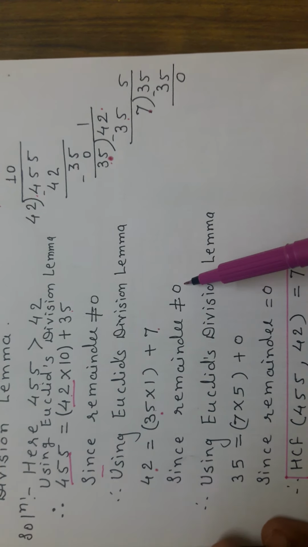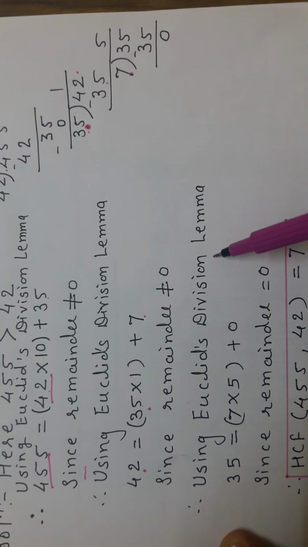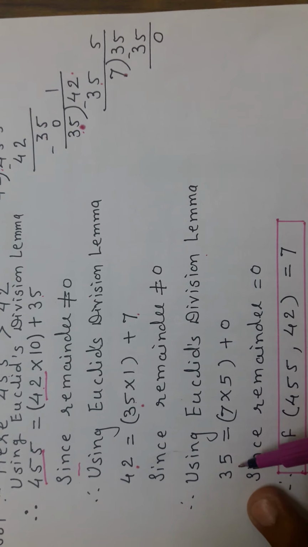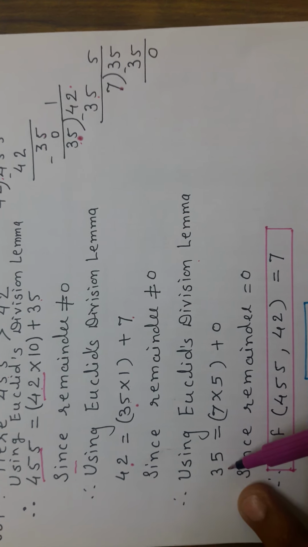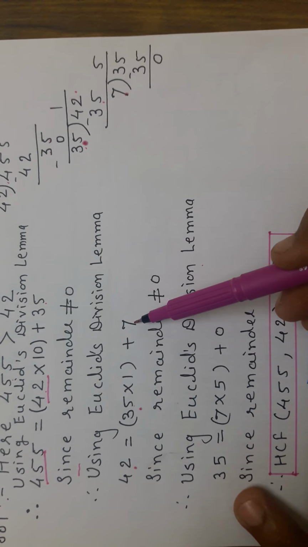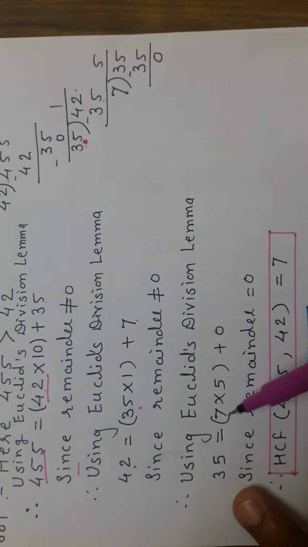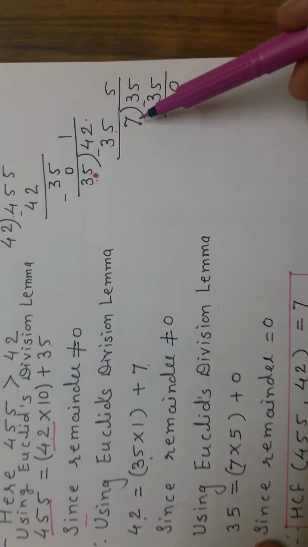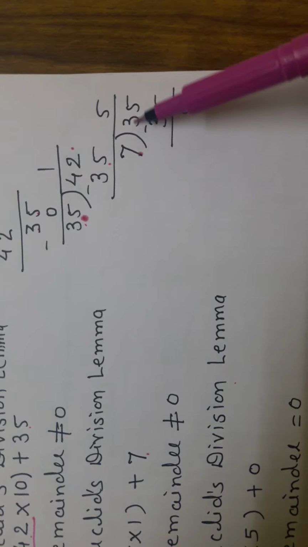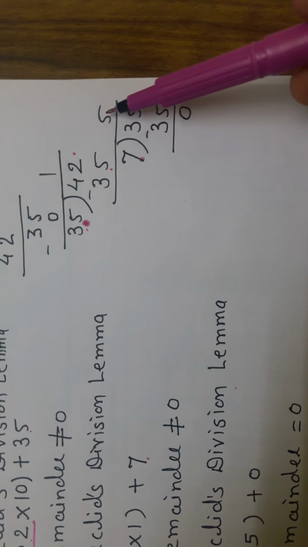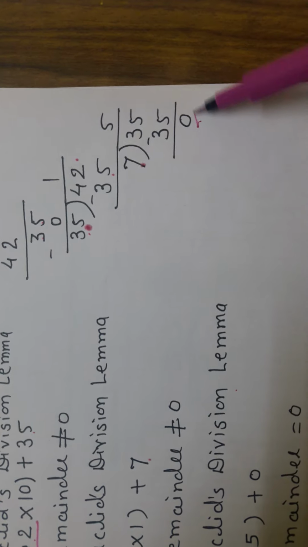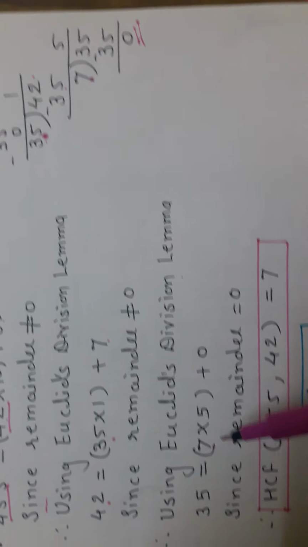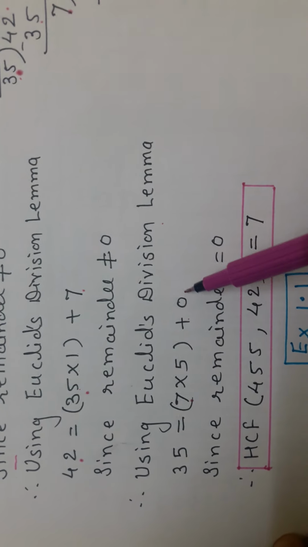Since remainder is not equal to 0, using Euclid's division lemma, again we write 35, that is the divisor, as the dividend, and the remainder is the divisor. In next step, we will divide 35 by 7. We got here that 7 fives are 35 and remainder is equal to 0. 35 is equal to 7 into 5 plus 0.